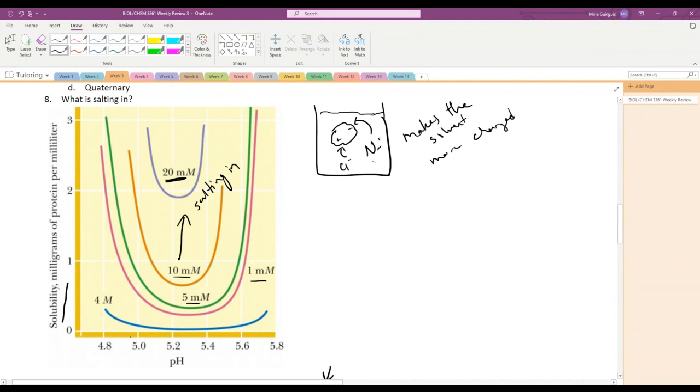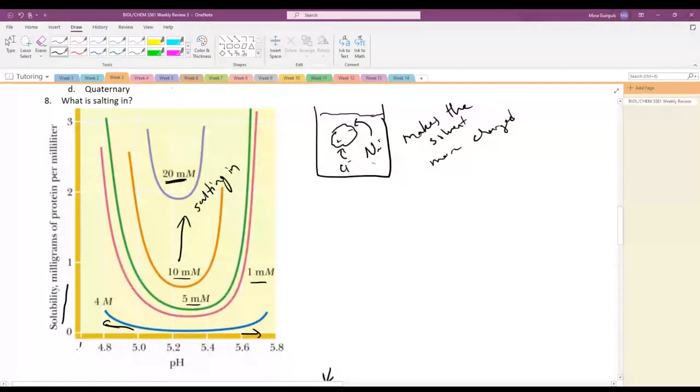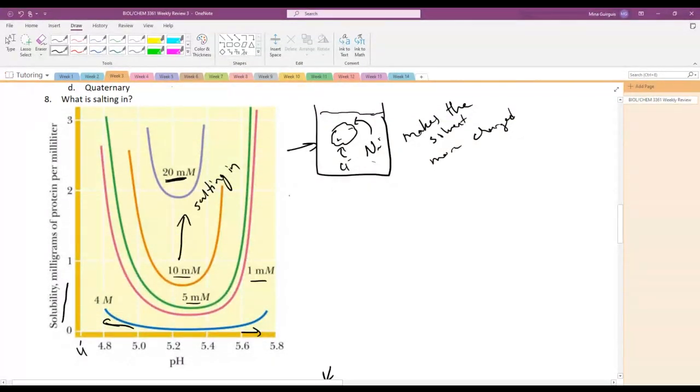I just want to add, as you get kind of further and further to either extreme, and in this case it's not that extreme, but as you do get further, what happens is the charge actually helps, right?